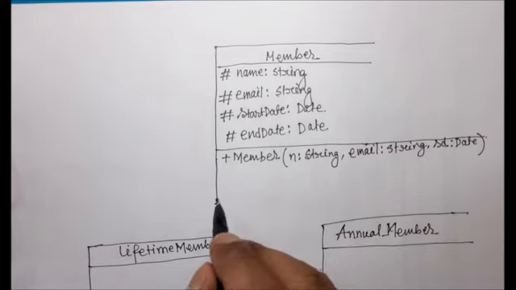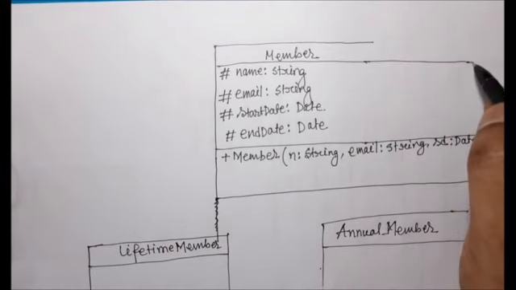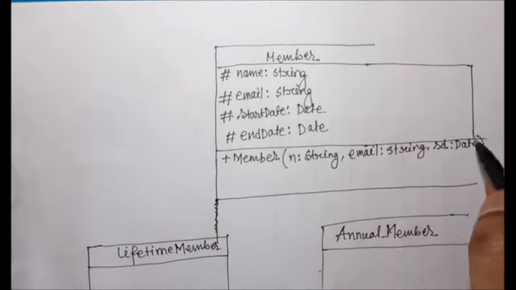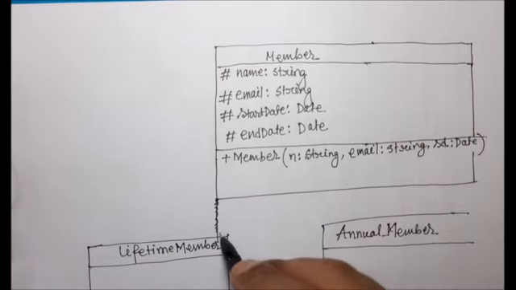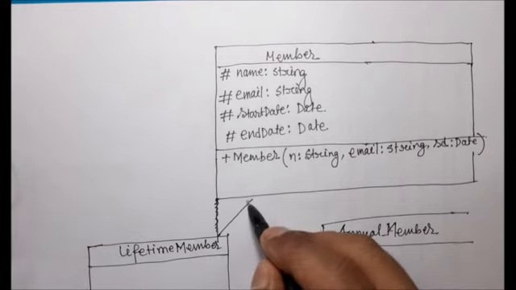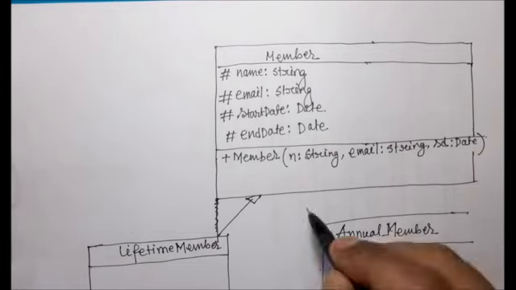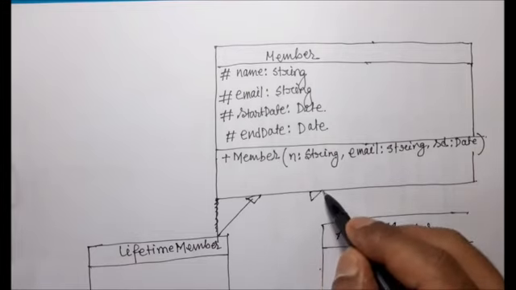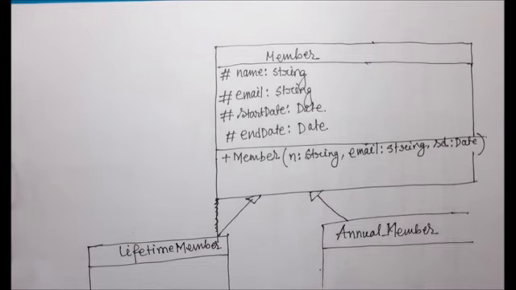If I want to represent this by using a class diagram, this is the relationship between the derived class and base class, then we have to use the symbol as I have already mentioned. This is the arrow I have to draw. From this diagram we can understand that member is a base class or super class, and lifetime member is a child class or subclass, or we can say derived class.